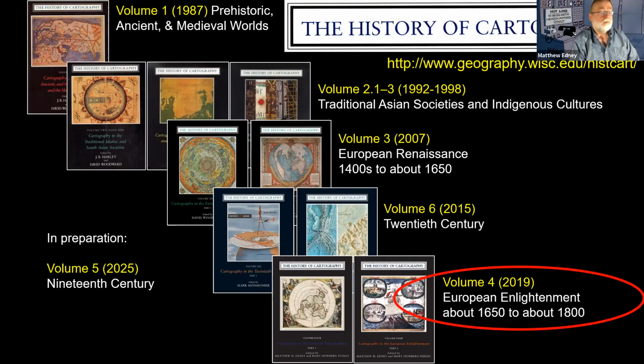Can't remember when that was now. Anyway, so we have done volume 4, which covers European Enlightenment, which is roughly 1650, give or take, to about 1800, give or take, depending on the topic. We go back and forth.